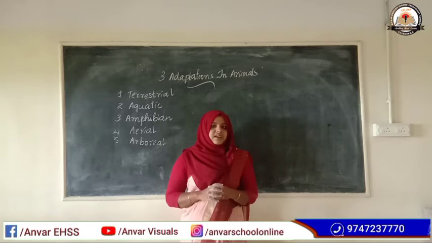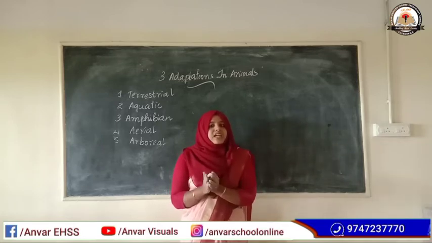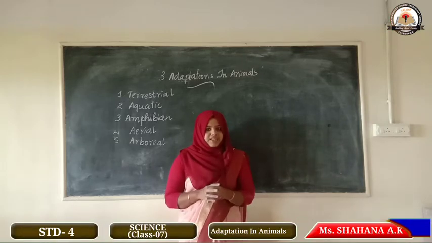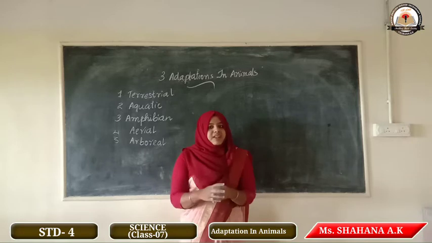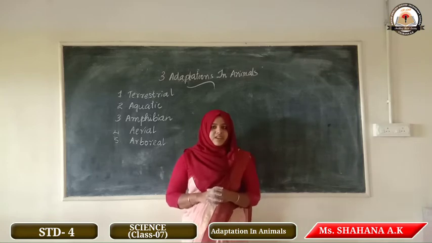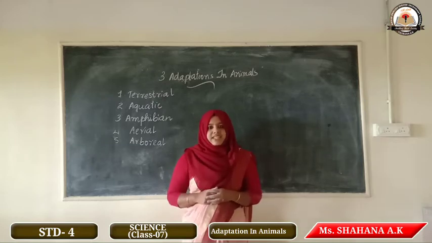Is it clear? And some animals live in dry areas. Those animals are called desert animals. The animals which live in desert or dry areas are called desert animals. Can you give an example of a desert animal? Yes, camel, it's a desert animal.